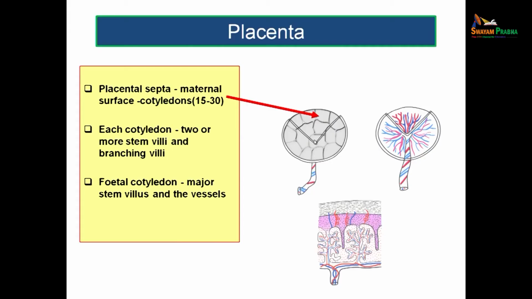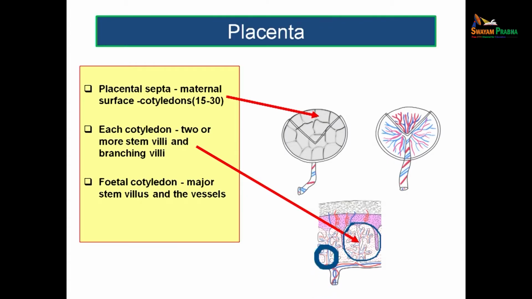So, let us see. These are the cotyledons, and they are formed due to the formation of the placental septa. This is one single cotyledon, and each maternal cotyledon will have 2 or more stem villi with their associated branching villi.